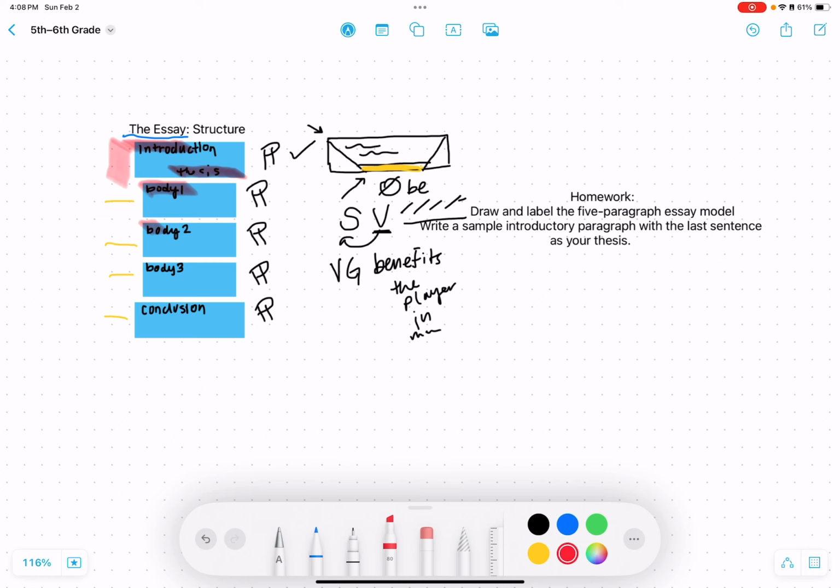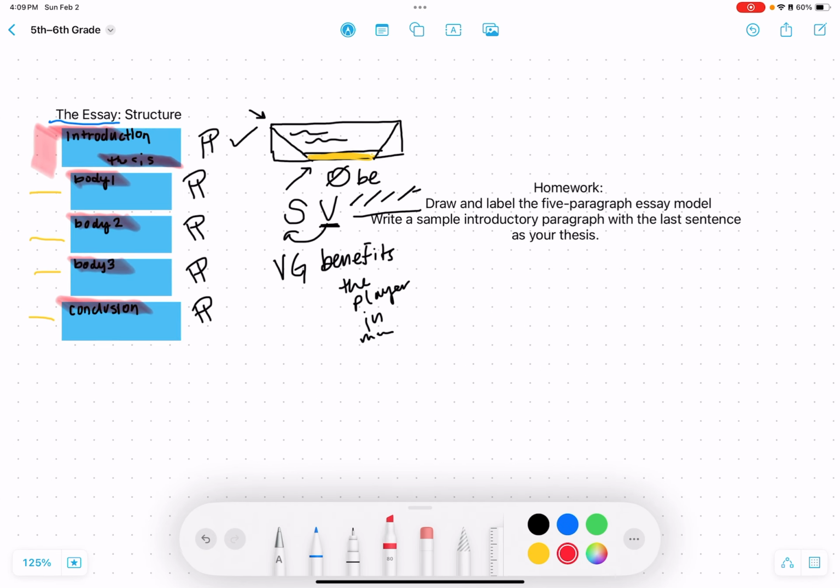It will be followed by the very first sentence of the next paragraph, the topic sentence of point 2. And then it will be followed by the third paragraph, and the first sentence will be the topic sentence of that paragraph. And then your last paragraph is the conclusion, and the very first sentence of the conclusion will be a restatement of your initial thesis.